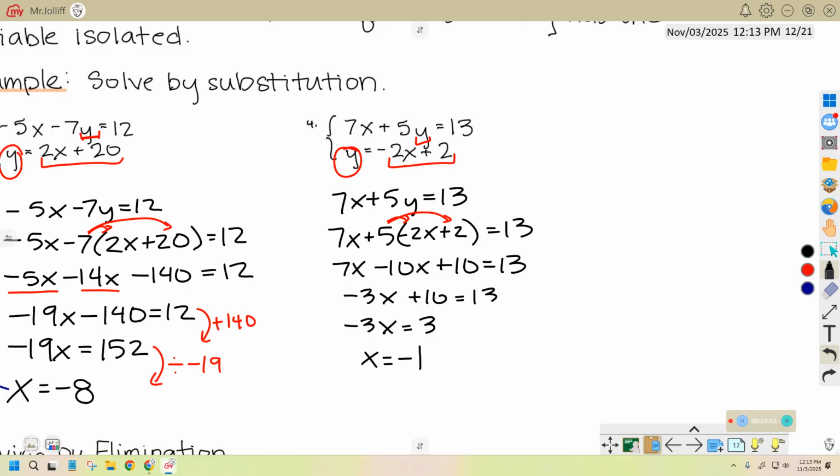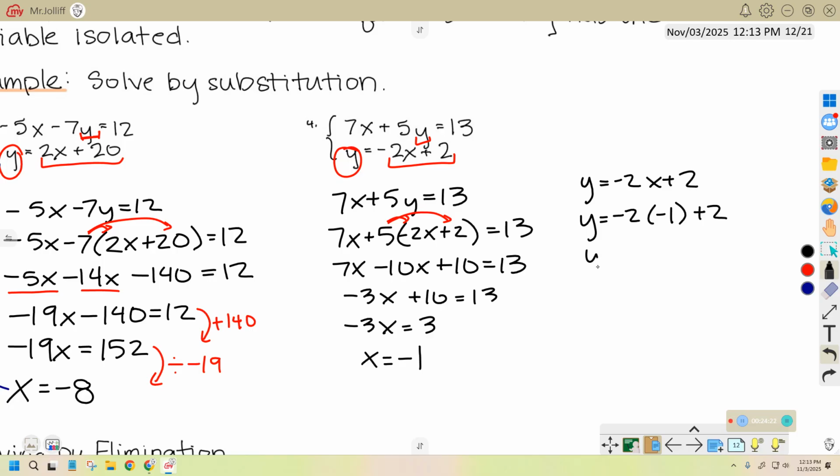And the question is, where do I go next? Junaidi, what do I do next? Very good. So we go back to the equation we haven't used yet, y equals -2x plus 2, and we substitute in -1. So y equals -2 times -1 plus 2.